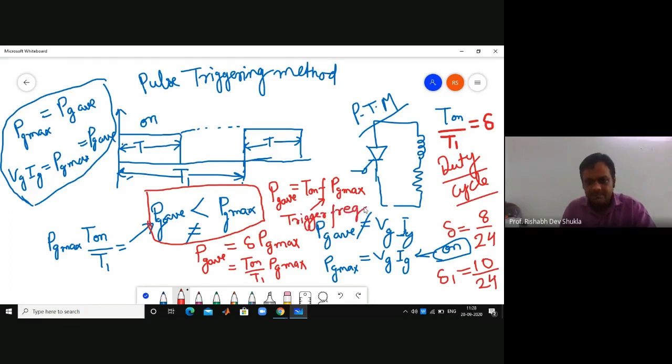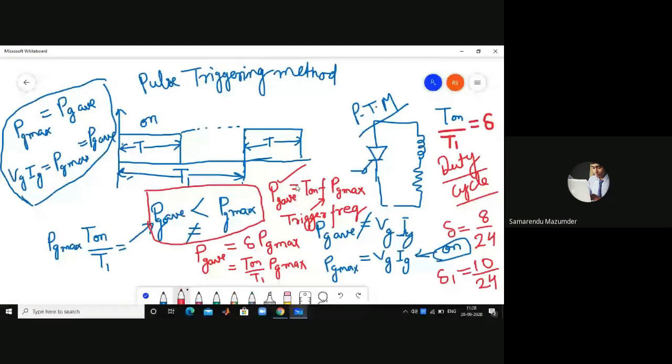You can see here that triggering frequency is directly proportional to PG average. If triggering frequency is larger, your PG average is also going to be larger. Okay, getting it? Yes or no? Yes, sir.